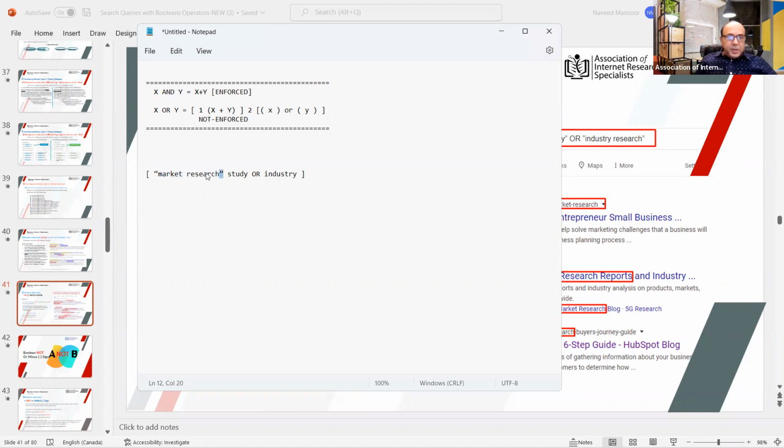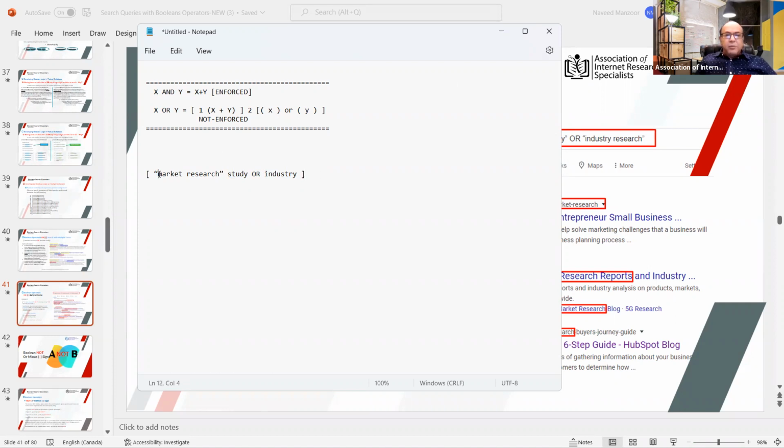So this becomes a mandatory command with the quotation marks. Study or industry could be an option, and you could do with both or either. If it can find market research and something to do with study, or market research and something to do with industry, with the OR in between, where study and industry are both acceptable, this could be a better query.